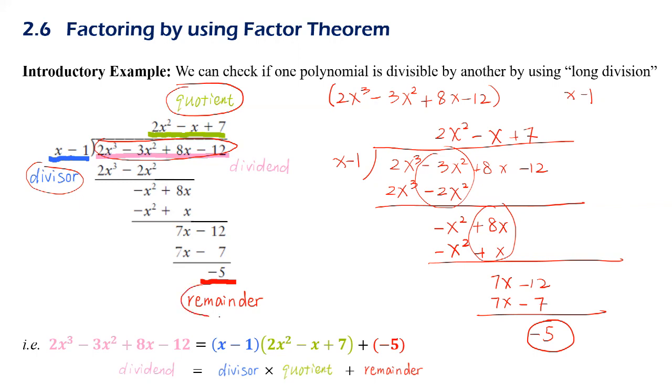And this number is called the remainder. So if we express it in product form, we can see that the original expression is the product of the divisor and the quotient, plus the remainder. Understand?